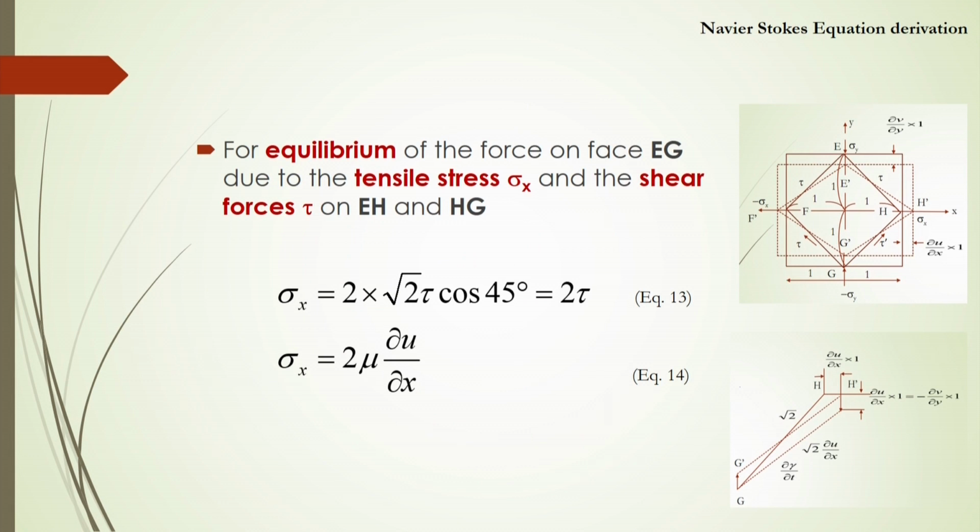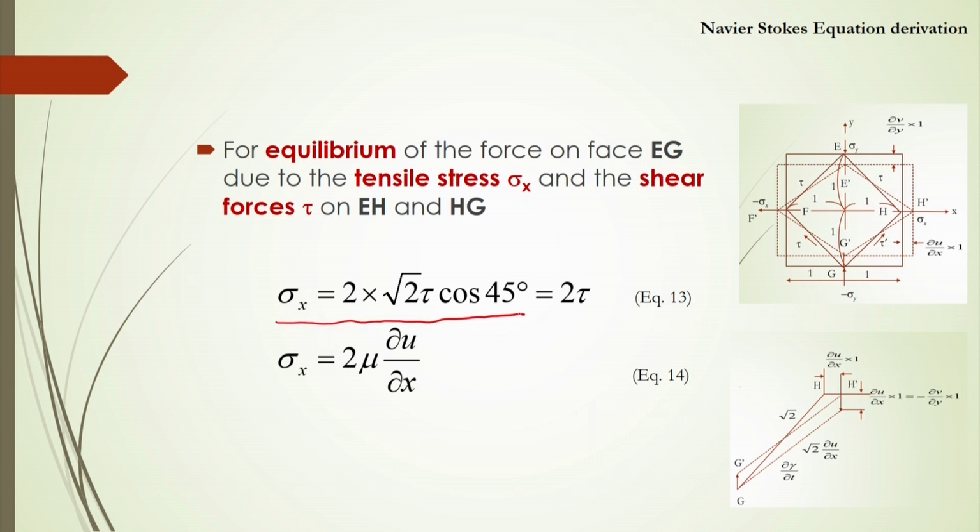Similarly, for equilibrium of the force acting on these faces, the tensile stress sigma is as per the diagram shown. Then the shear force tau on EH, and here see EH in this figure, then the shear forces tau on EH and HG, what will be the value in that case?